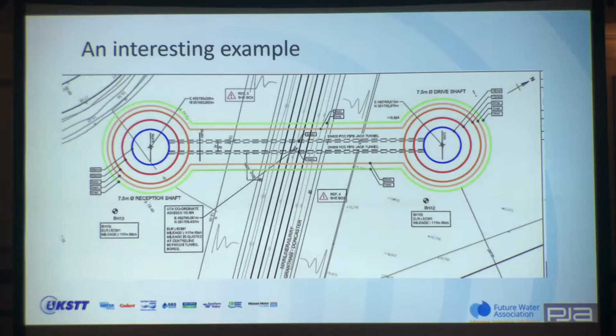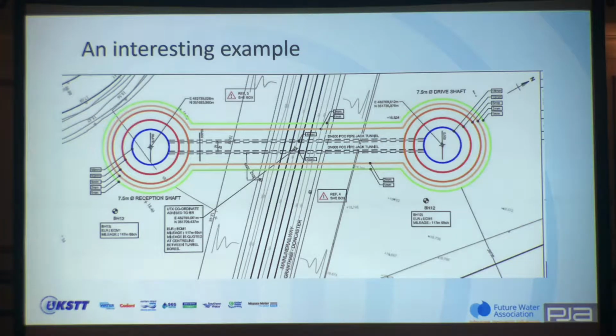So as you spread them out further, obviously the shaft has to get bigger to accommodate that. And the spacing between the two tunnels is influenced by the combined effect of the settlement of the two troughs and what's the best shape of trough for the railway.